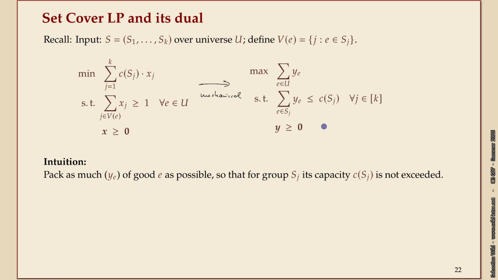Okay, so the dual set cover problem looks like this. The constraints are essentially summing these amounts of each universe element over a set up to some capacity or cost.